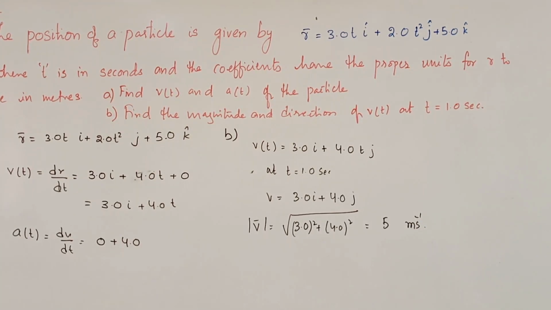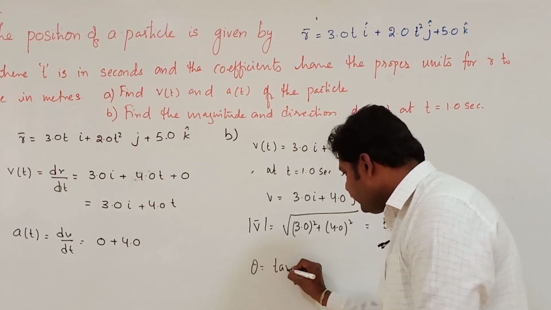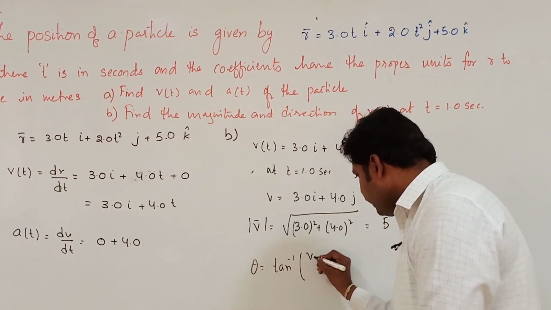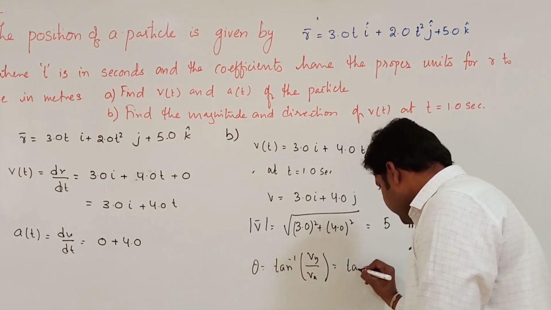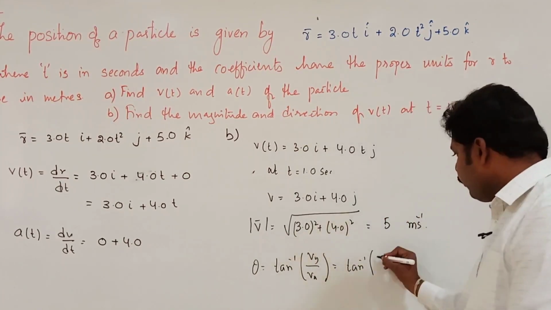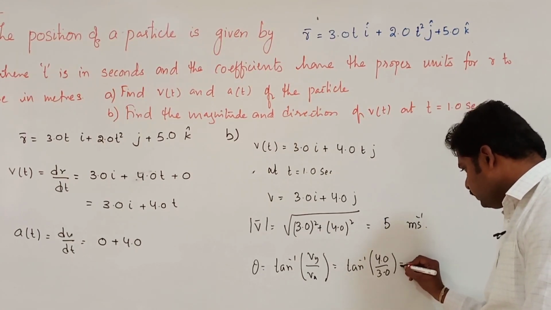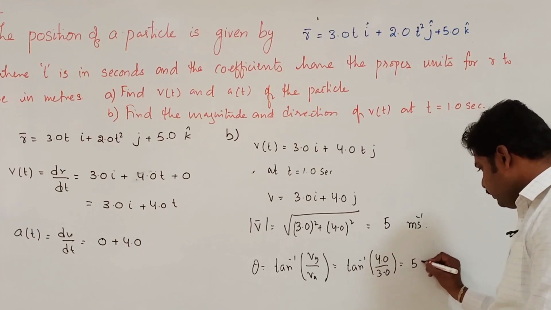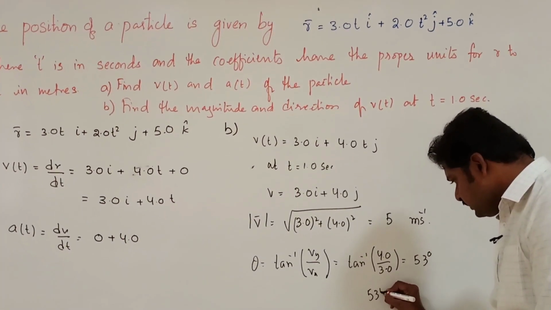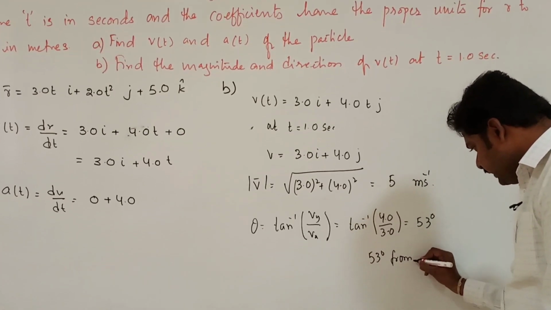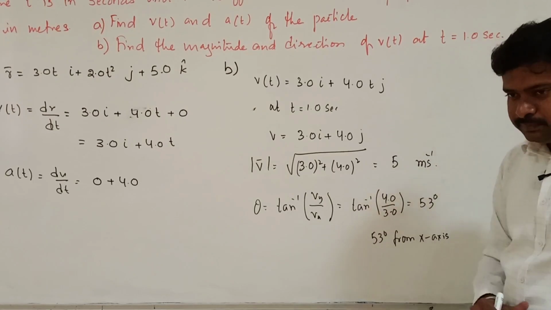Now, what is the direction? Direction is equal to tan inverse of vy by vx. You will get tan inverse of 4.0 by 3.0, which is 53 degrees from the positive x-axis.